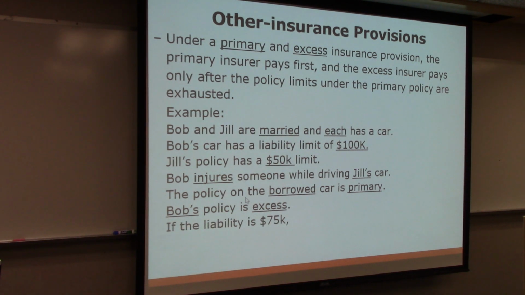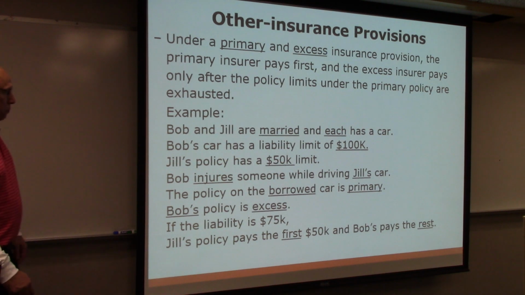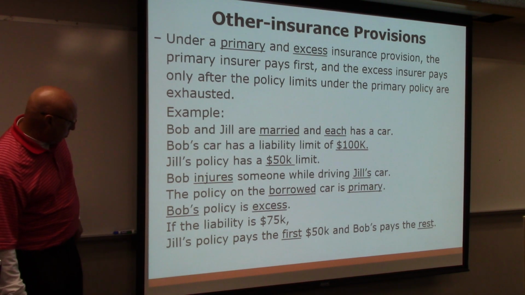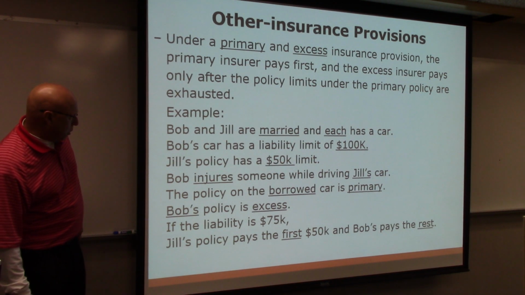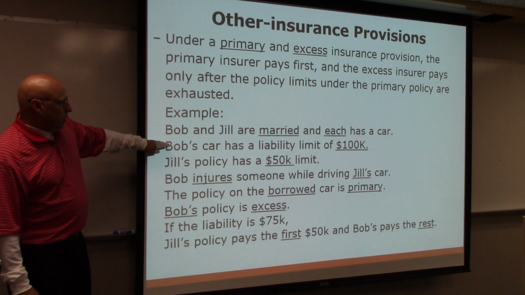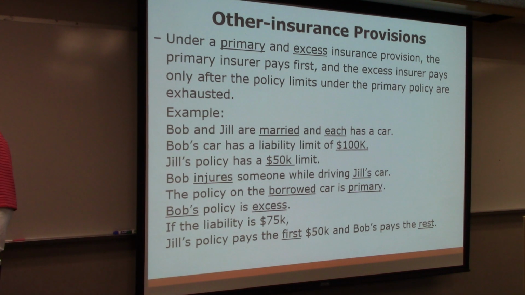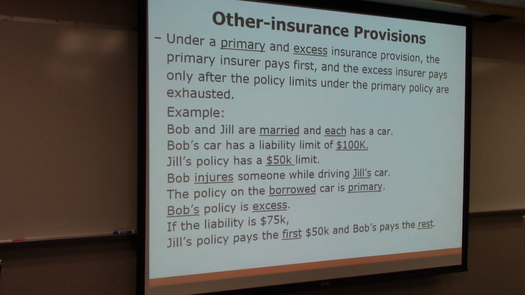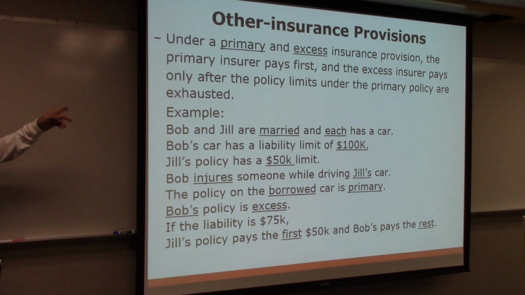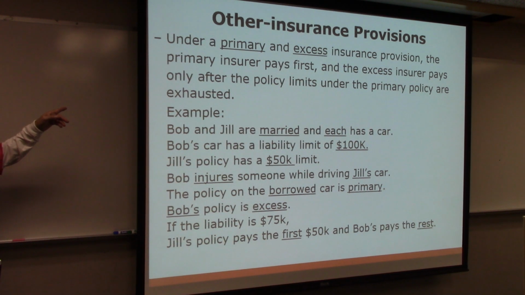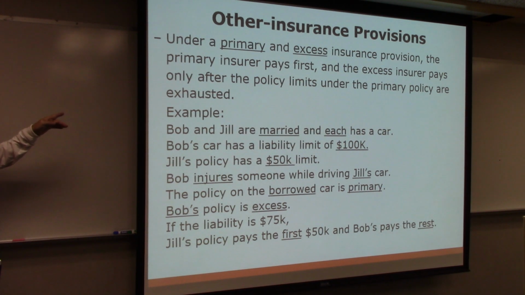If the liability is 75,000, then Jill's policy will pick up the first 50, and Bob's will pick up anything above that, up to 100. So their limit together is 150. If it goes above that, hopefully they have an umbrella liability policy that will cover it. If they don't, you can bankrupt them.